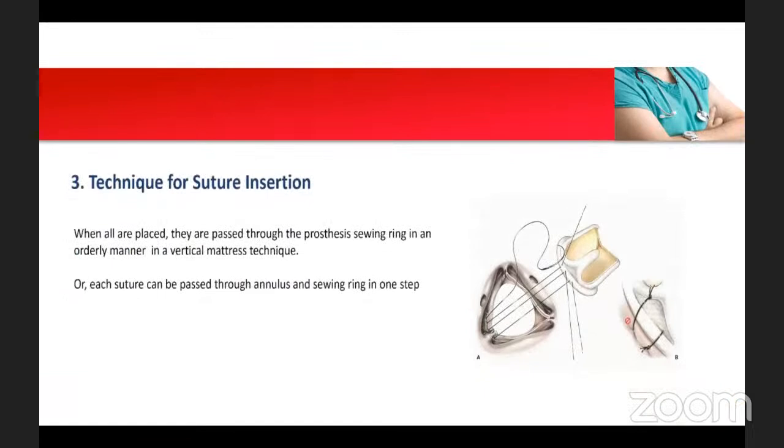Once all annular sutures are placed, they will be passed through the sewing ring either singly or in a vertical mattress technique. Alternatively, this can be done in one step: annular bite, and then passing it through the sewing ring immediately.